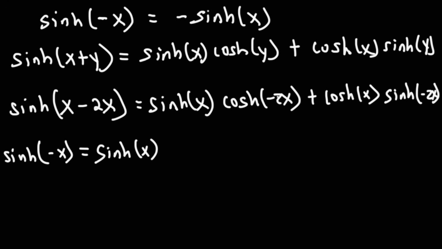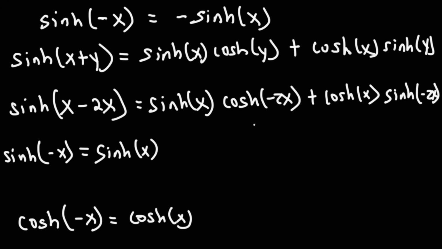Now what can we do with this? Hyperbolic cosine of negative 2x. Now recall the even identity of hyperbolic cosine. Hyperbolic cosine of negative x is the same as hyperbolic cosine of x.